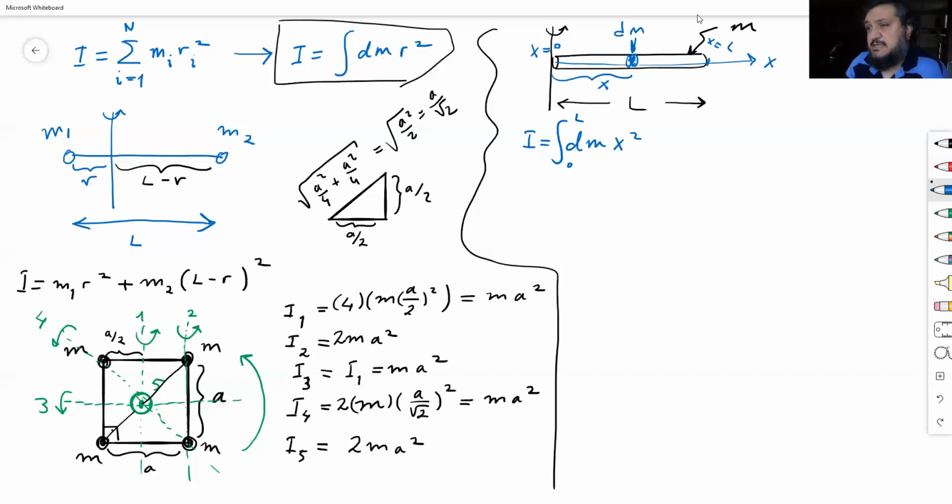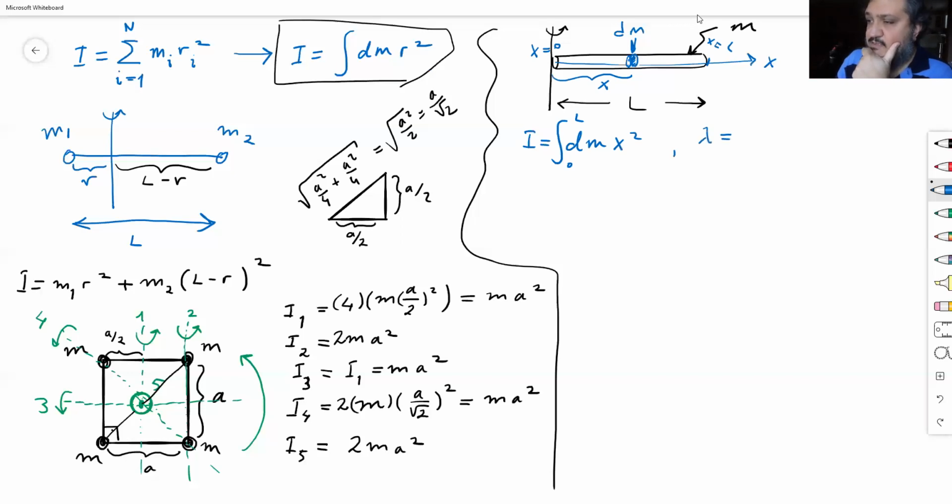So what is dm? Now, if this is a uniform mass distribution, dm will be equal to some density times the thickness of that infinitesimal pillbox, right? Very small section. So the density is what we need here. And since I'm ignoring the thickness, let this be a linear mass density.